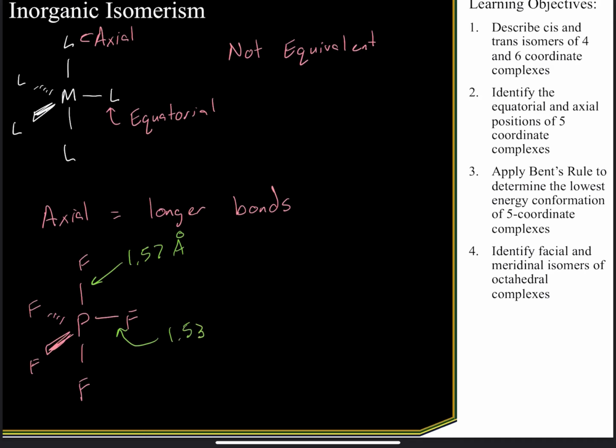If we have a structure where we have a mixed set of ligands, let's say we had one fluorine and the rest of these were chlorines, what we would do is arrange our system so that our most electronegative ligand goes in an axial position.